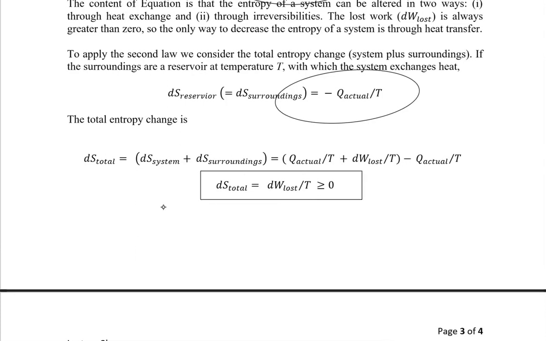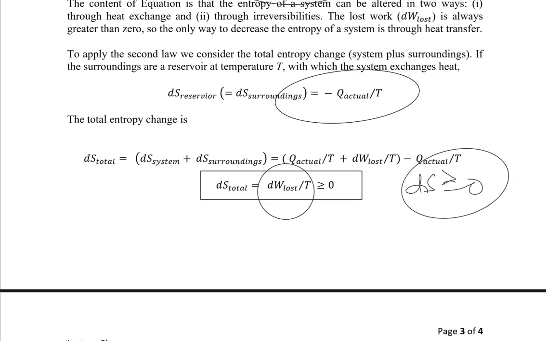Now if there is no lost work, if in a process the reversible work is equal to the actual work, so there is no work lost during the process, then the total entropy change would be equal to zero. But if there is lost work, meaning the reversible work is greater than the actual work, then ds would be greater than zero.